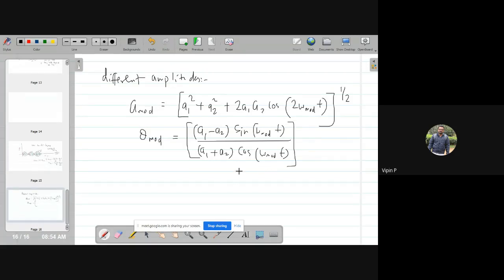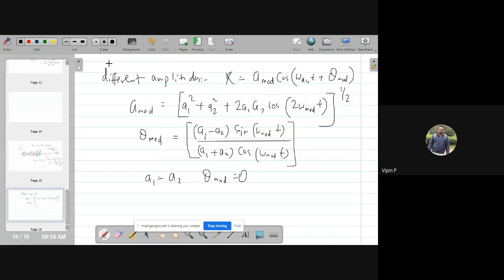It's very easy to see that if they have the same amplitude, let's say A1 is equal to A2, then the entire expression theta mod goes to 0, as in the case of the previous expression. So if there are different amplitudes, our equation for oscillation would be A mod cos of omega average t plus theta mod.